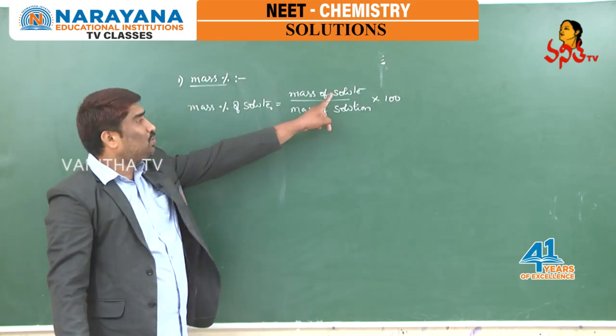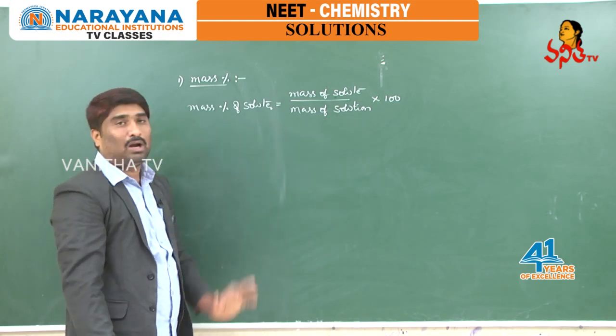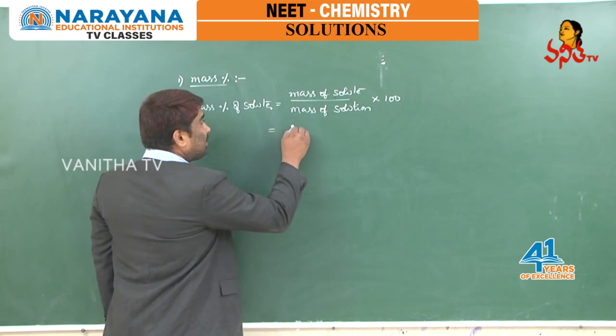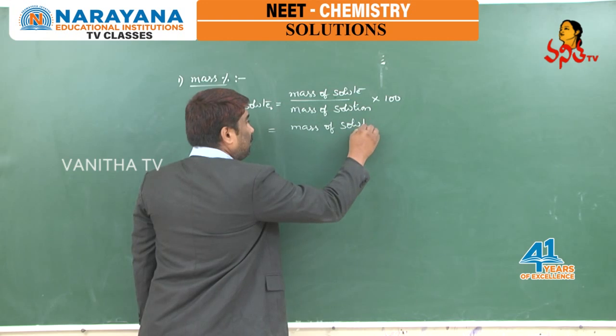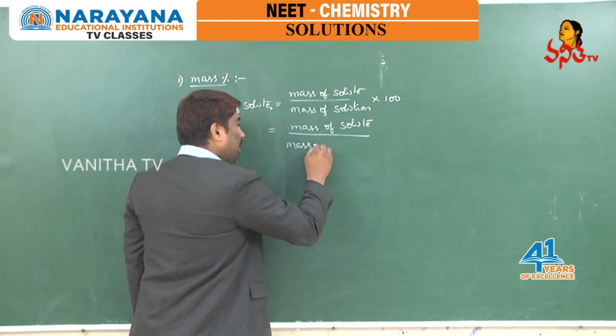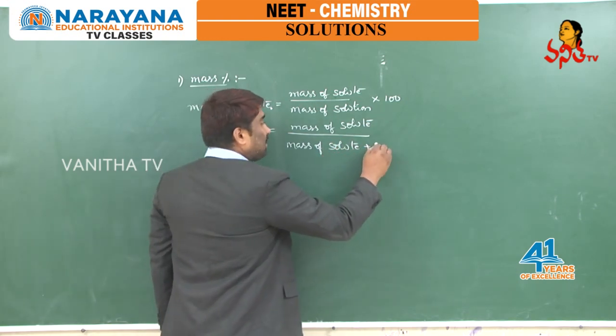So the mass of the solute in grams present in 100 grams of solution is called mass percentage of solute. Or you can write this as mass of solute by mass of solute plus mass of solvent.